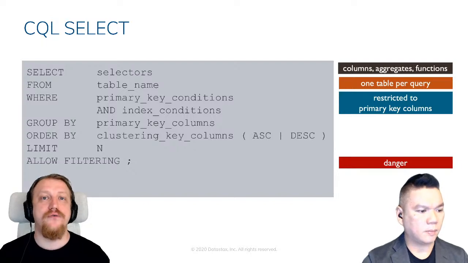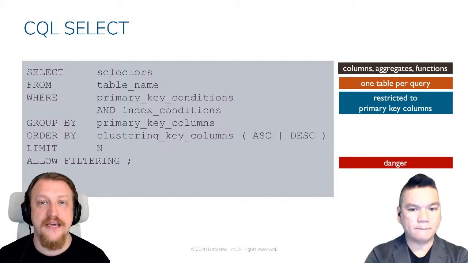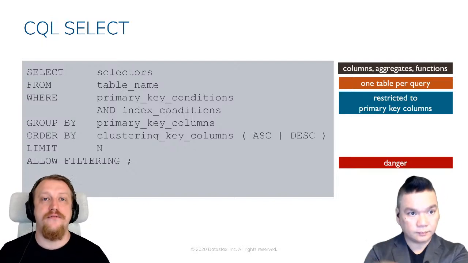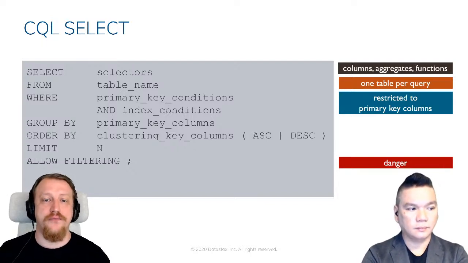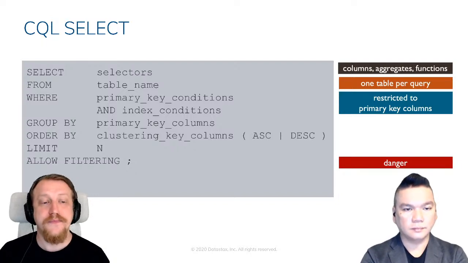That's a very cool optimization, that even at the application level your driver already knows which exact node is responsible for this data. So it will not go to a random node, it will go to a particular node.